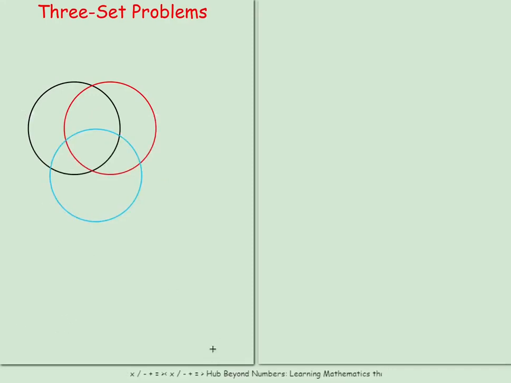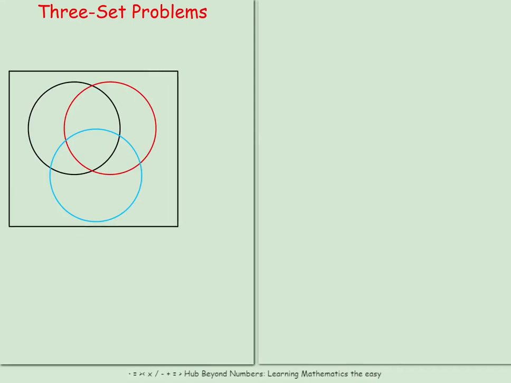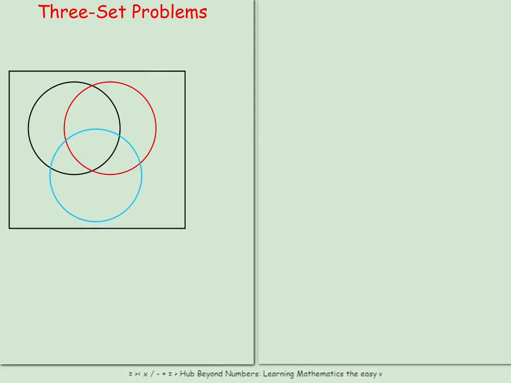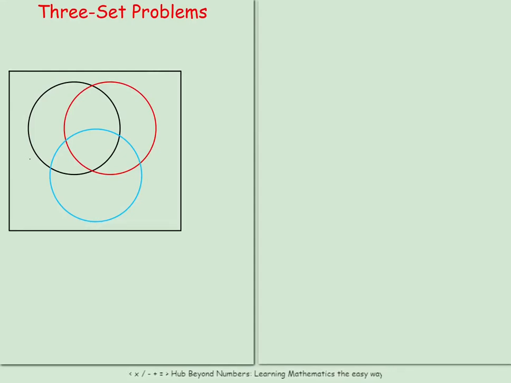Then I'm going to draw my universal set as a rectangle. So we have that here. I think we are good to go. So this is our three-set problem, or our three-set Venn diagram.